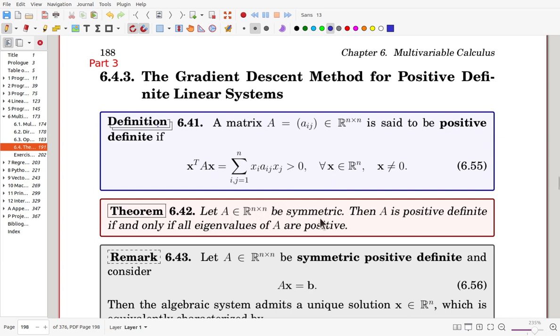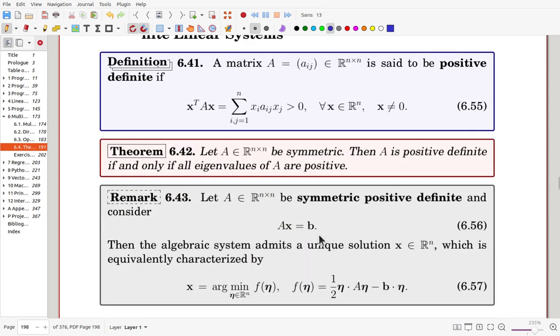If A is symmetric, then A is positive definite if and only if all eigenvalues of A are positive. So for a symmetric positive definite system, the eigenvalues are all positive.